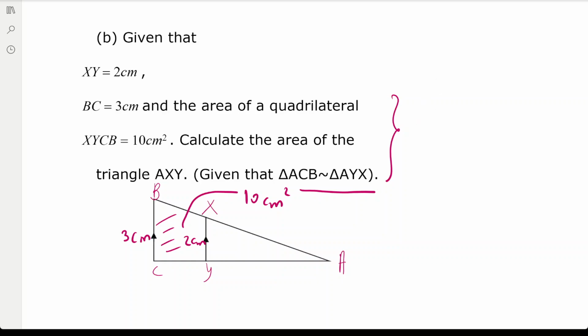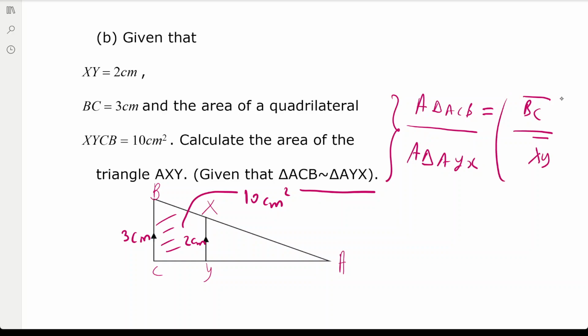So, solution for this question: because we are given that triangle ACB is similar to triangle AYX, the area of triangle ACB over the area of triangle AYX is the same as taking a side of triangle ACB, in this case BC, over the side of triangle AXY, in our case XY, and we square it.